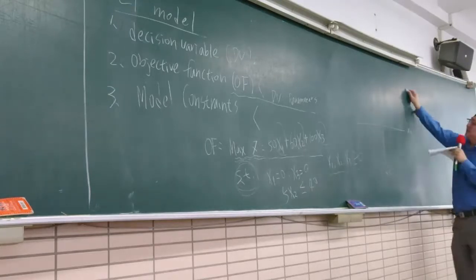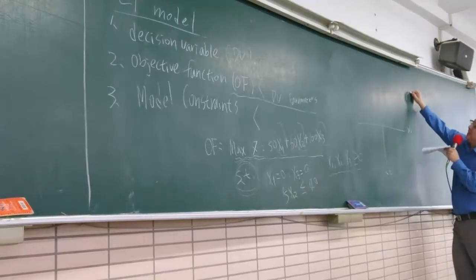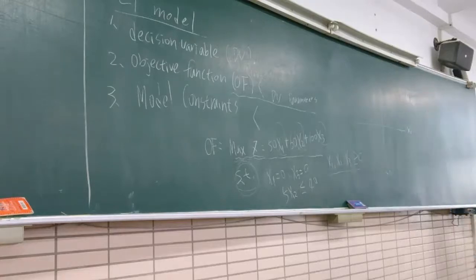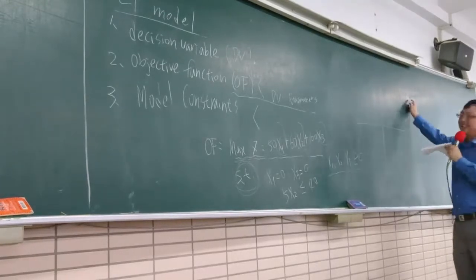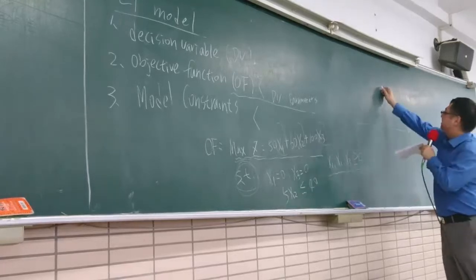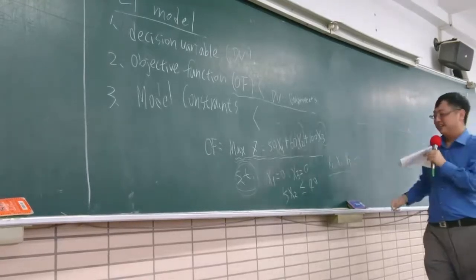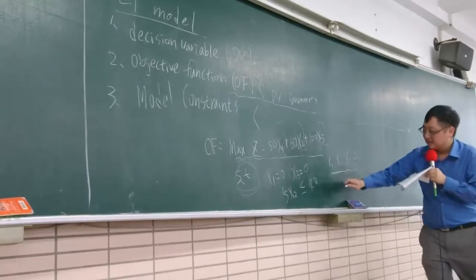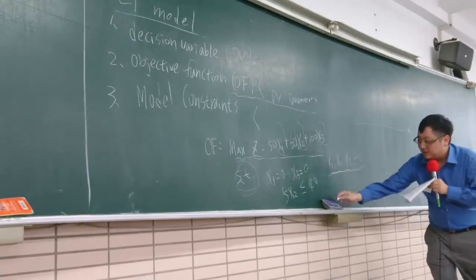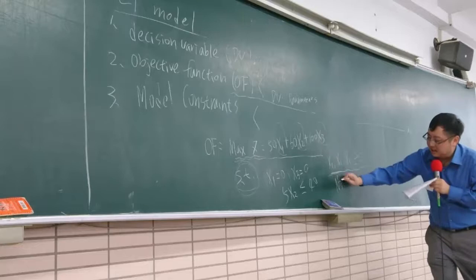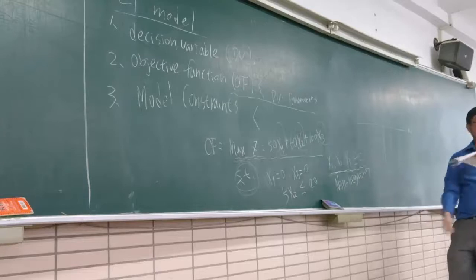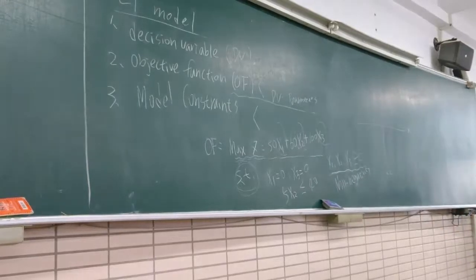Okay, quadrant. 象限. So our solution will be here, but we don't know where after we get a true solution. So this is a constraint that is called non-negativity constraint. 非负限制. 非负限制是 non-negativity constraint.